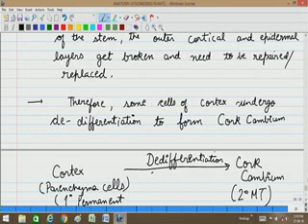Okay. So cork, how many people have used cork in any part in your life? Have you seen, touched or used cork? Cork is a dark colored substance, brown or black. It's used in bottles.